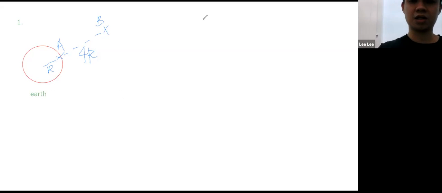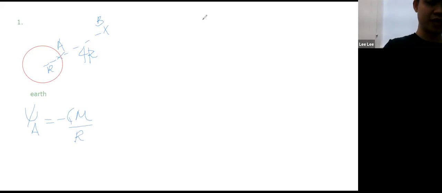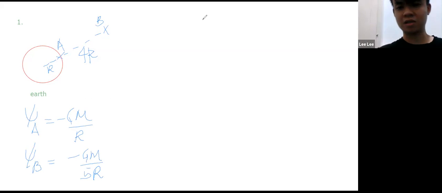What I mean by the change is, you have to find the gravitational potential at A first, which is negative GM of Earth over the distance R. Then if you find the gravitational potential at B, it will be negative GM over 5R, because always measure from the center. Then you can find the change. The change is up to you. You can take A minus B or B minus A. But if you get a negative value, you can just ignore it.